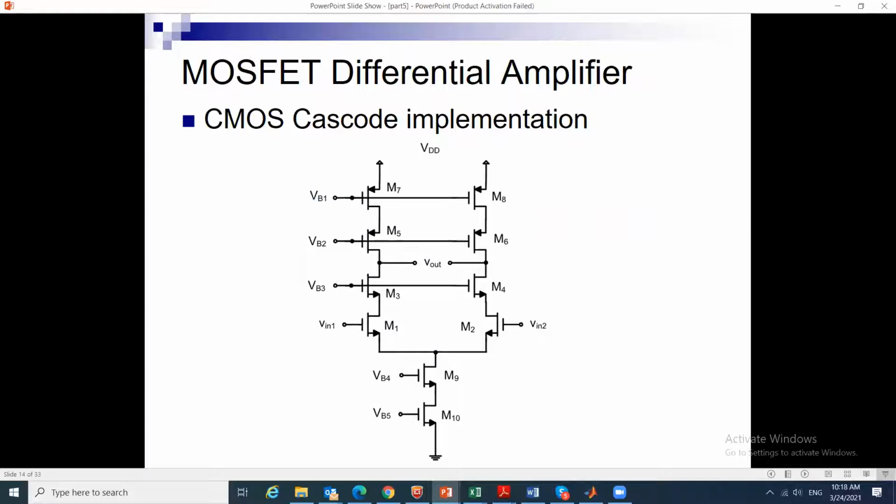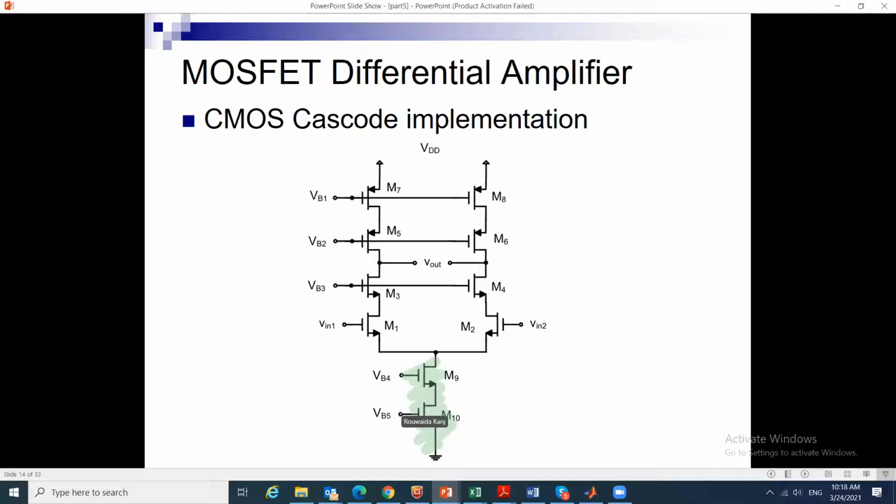Okay, let's look at this complex circuit here. We take this complex circuit by parts. Let me color it. Okay, so let us take it by part. The first part is the current source. This is a current source. It has an effective RS because it has bias. These are all DC. VBs are all DC.